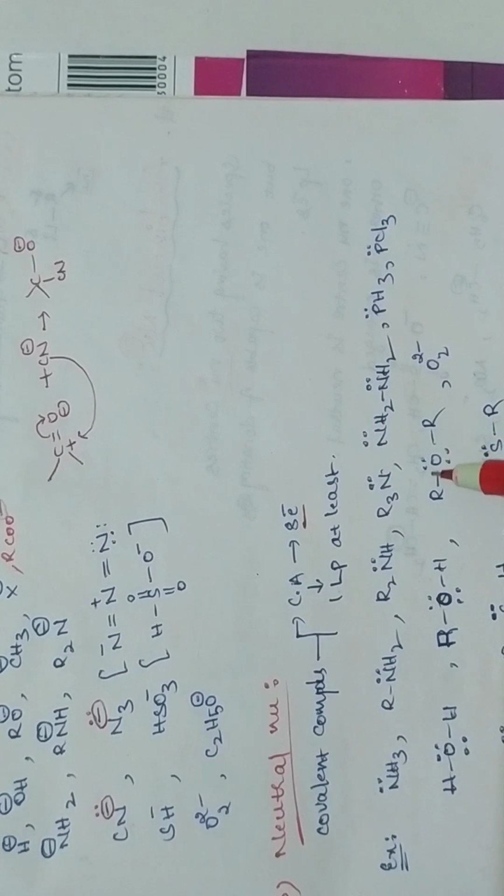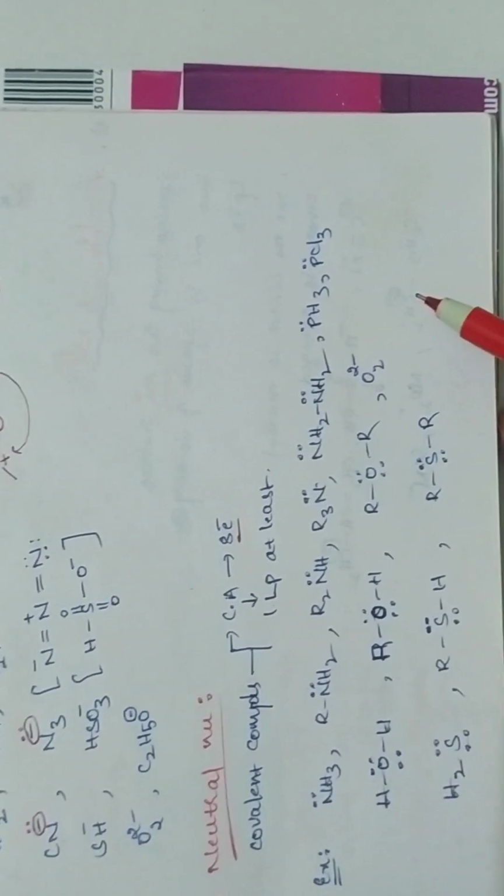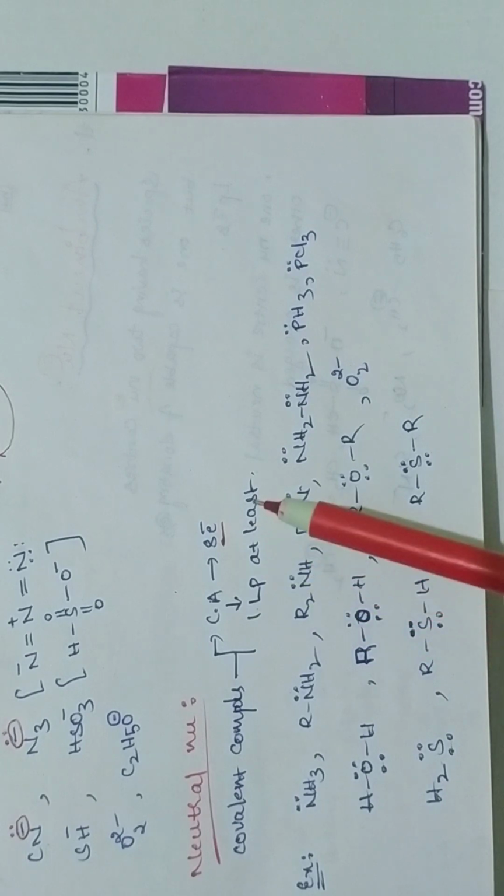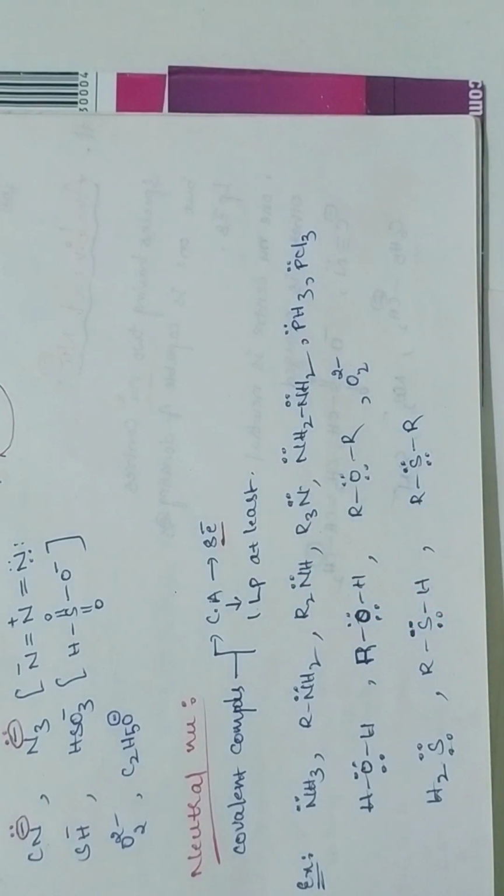Ether, ROR, two lone pairs. Next, the oxygen family: hydrogen sulfide, thiol, thioether, sulfur containing two lone pairs. So neutral nucleophiles means if the central atom contains at least one lone pair, then they are called what? Neutral nucleophiles.